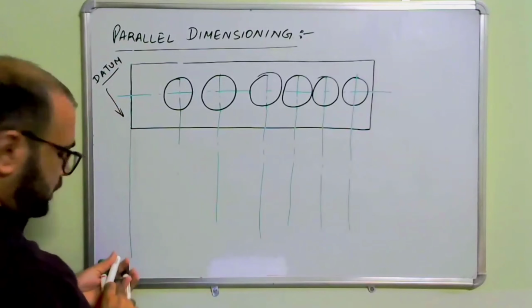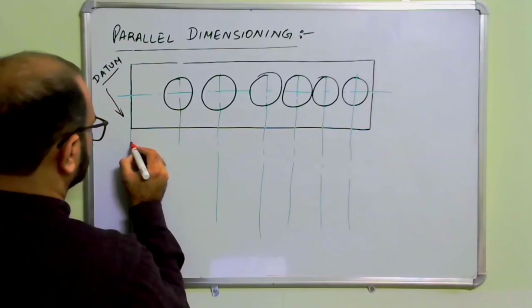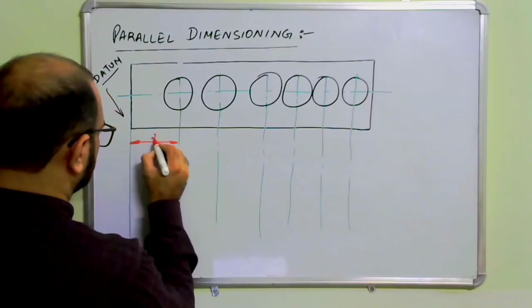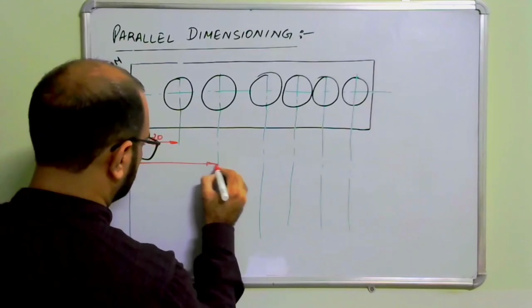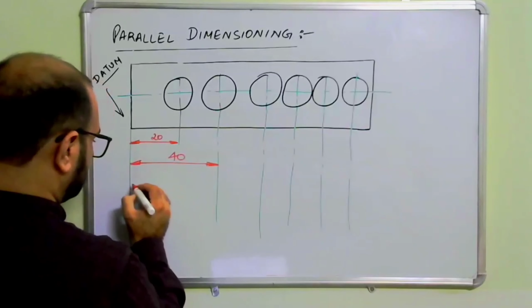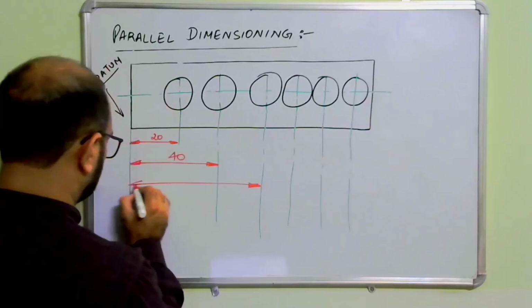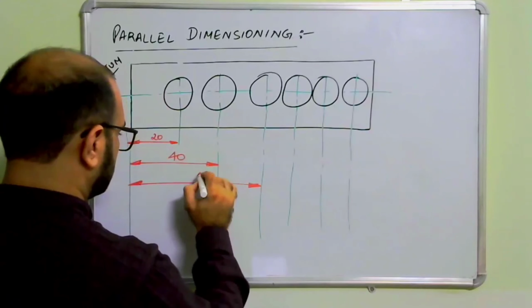So the first dimension is equal to 20 mm. This is 20. This is equal to 40. This is equal to 65.